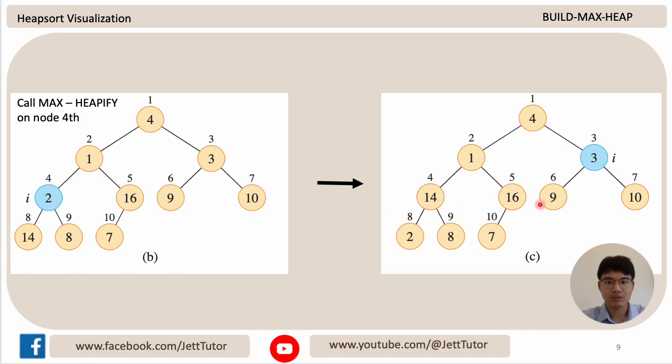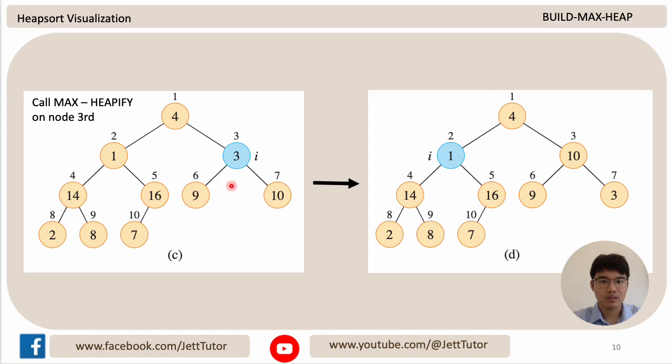Then we move on to node 3, and we call the max heapify since the left and right children of node 3 have values greater than node 3.